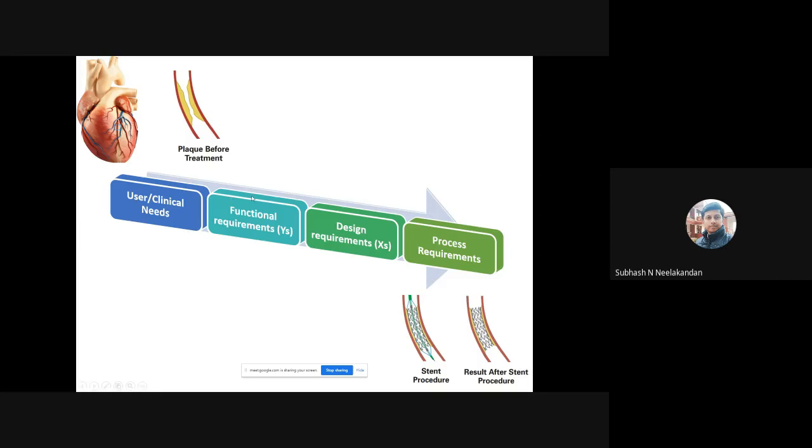That has to go through a structured pattern. The first step is that the qualitative requirement from the clinical side, an engineer and his team need to convert into functional requirements.